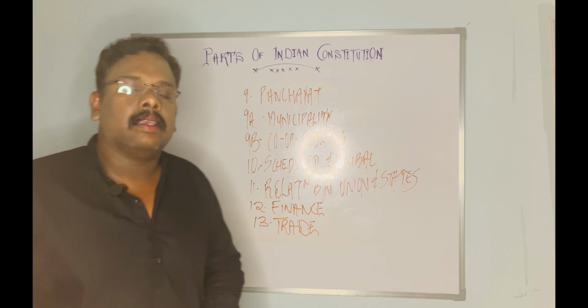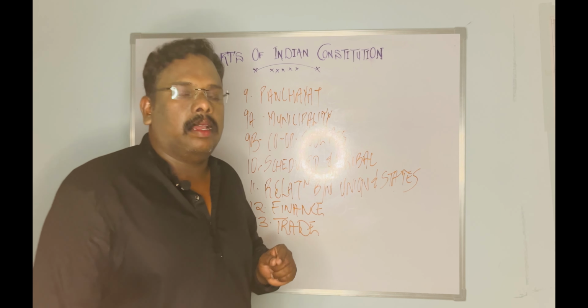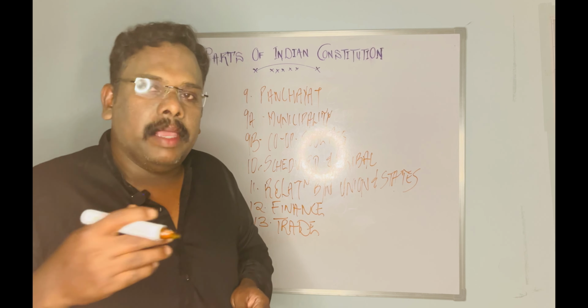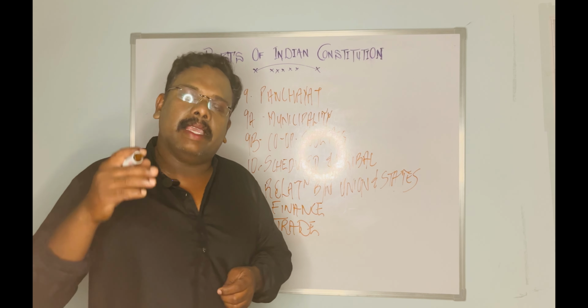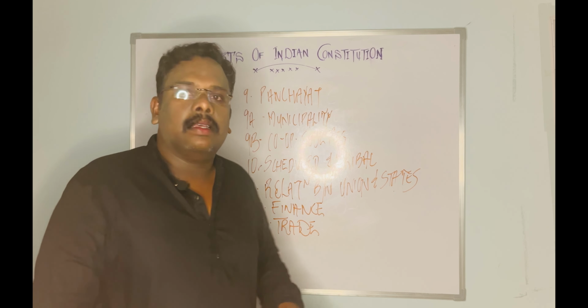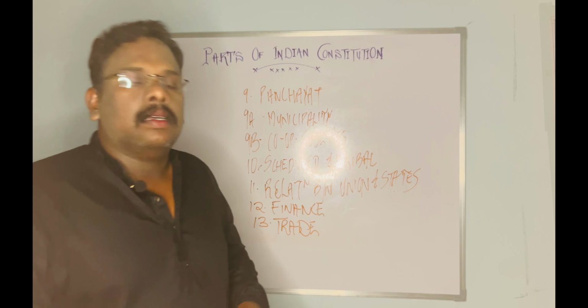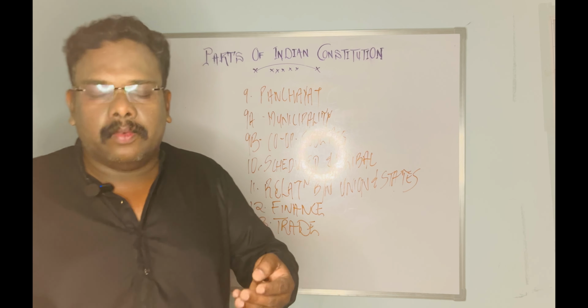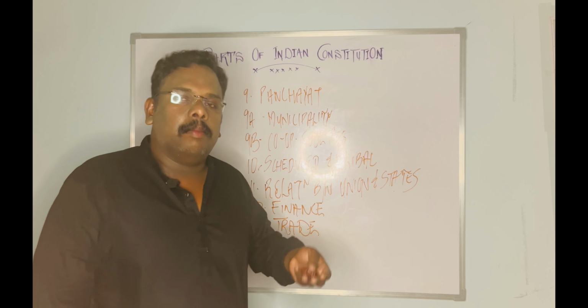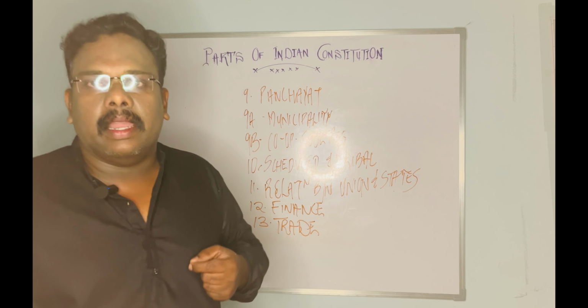Then next is trade. Just to remember, I'm telling how we will make money. Usually from ancient times onwards, people make money by trade. So it is easy to remember. The next part is trade. Via trade, the government is getting a lot of money.